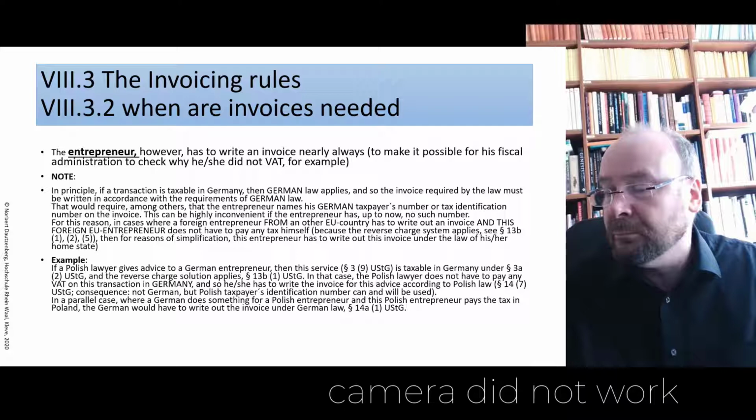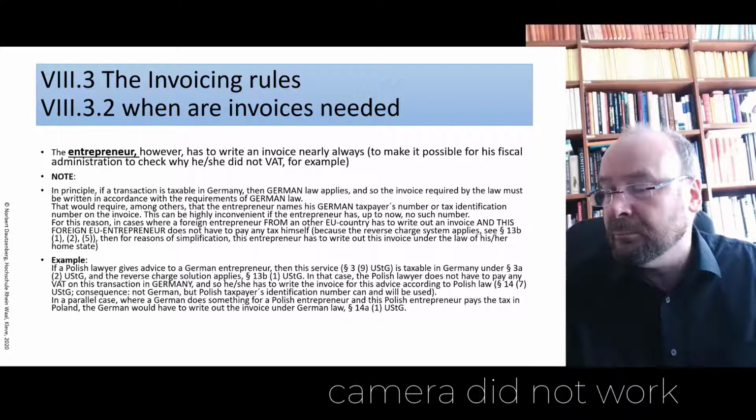And so the invoice which you write out will be a net invoice. And now the idea of the whole cross-border case reverse charge system was to simplify bureaucracy and to spare you the contact with the foreign tax authority.